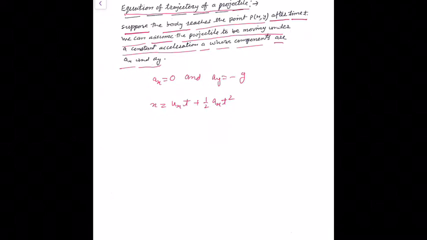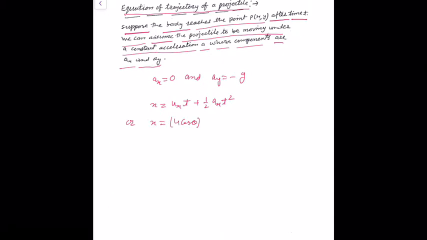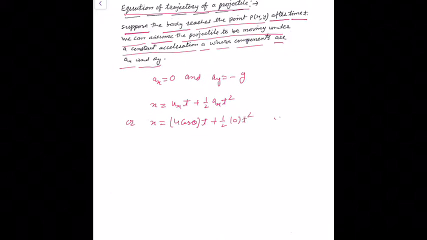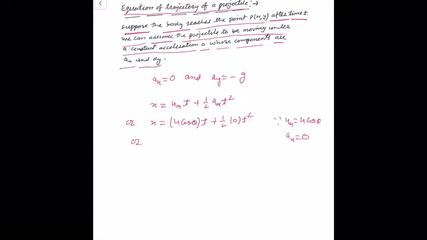From Newton's second equation of motion, x equal to u cos theta (horizontal component) into t plus half into 0 into t square, since ux equal to u cos theta and ax equal to 0.